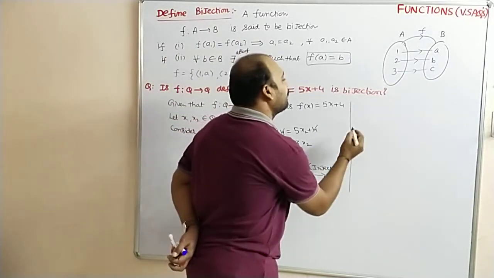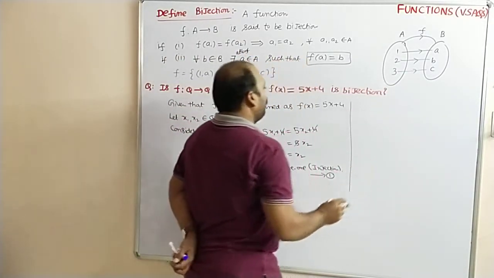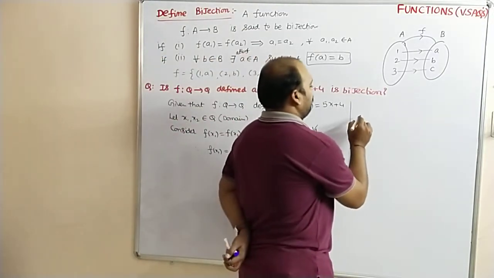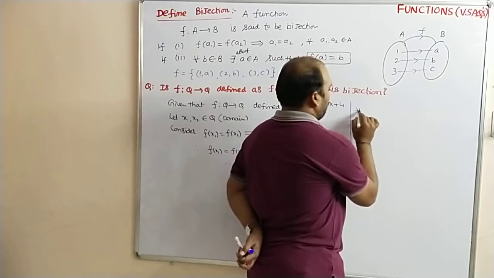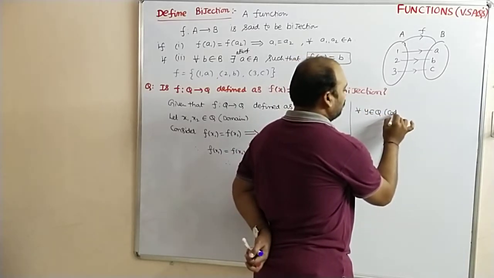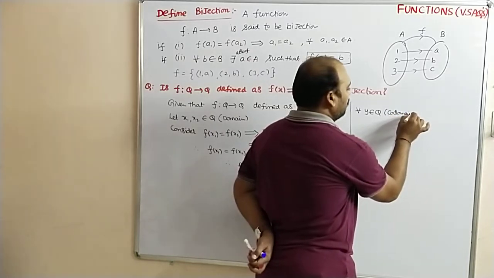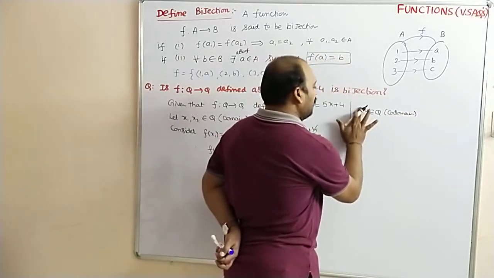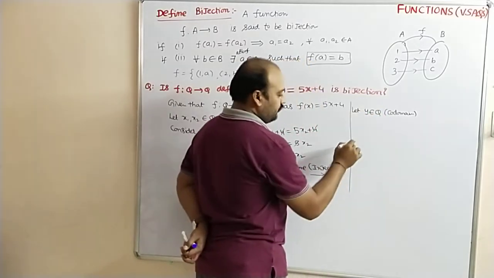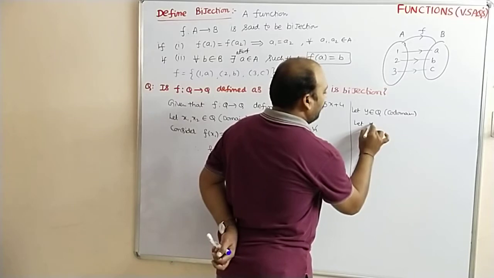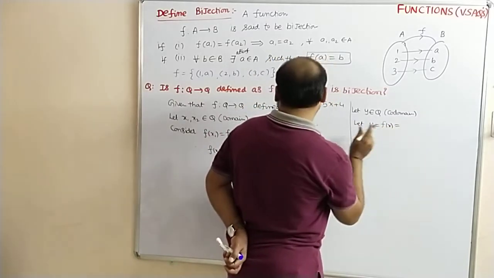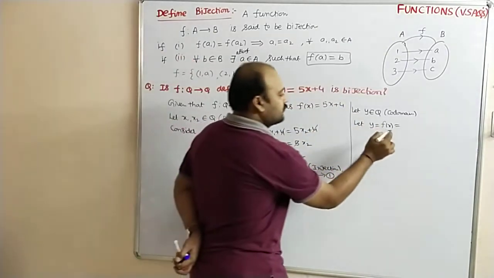Similarly, for all y belonging to Q, the codomain, let y belong to Q, and let y equal to f of x, which is 5x plus 4.